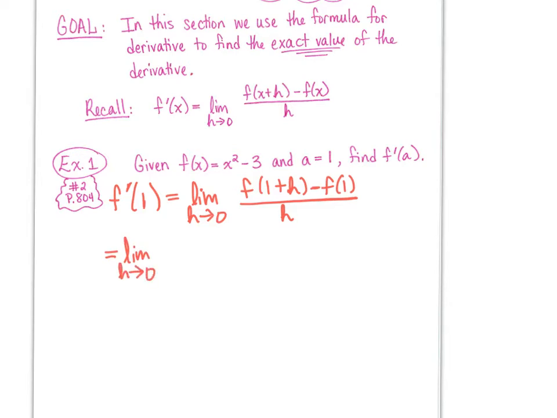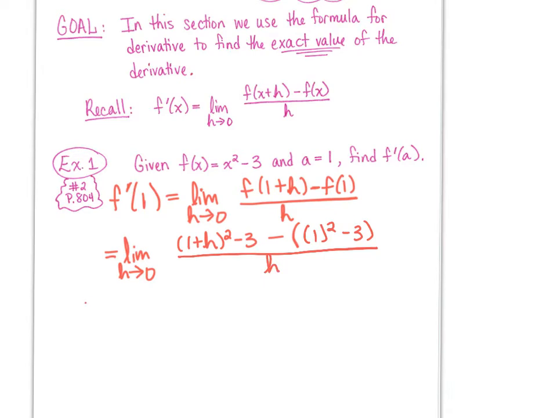That's the limit as h approaches 0 of, we substitute in 1 plus h for x here. So we get 1 plus h quantity squared minus 3 minus the quantity, I'm going to put in parentheses now because we have two terms in f of x, minus f of 1, so we substitute in 1 here. So you have minus the quantity 1 squared minus 3. All of that over h.